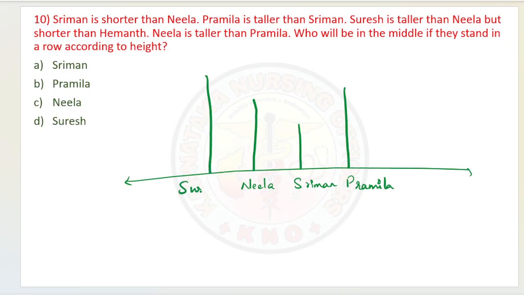Suresh is taller than Neela but shorter than Hemant. That means this is Hemant. Neela is taller than Pramila. Okay.